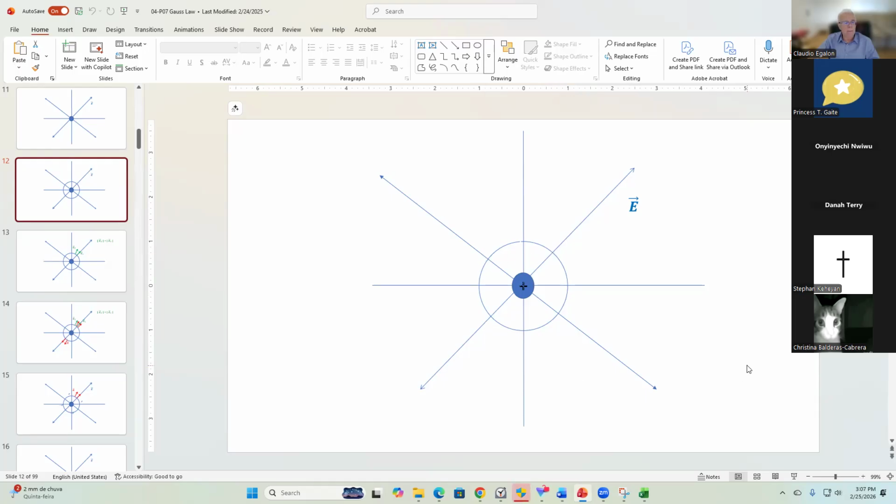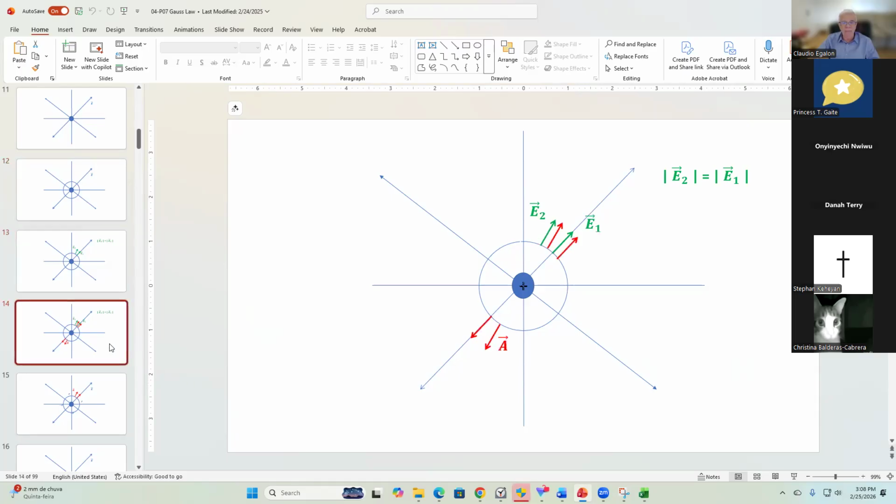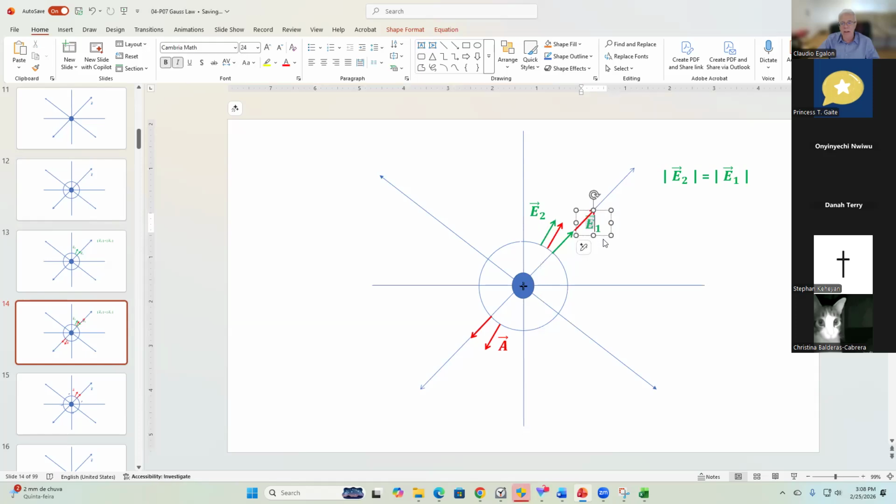Here's the electric field at two points along the surface. And for this specific geometry, the area vector coincides with the direction of the electric field as well. The area vector is the red arrows that you see right in here. At this point right here, the area vector points exactly in the same direction as the electric field.